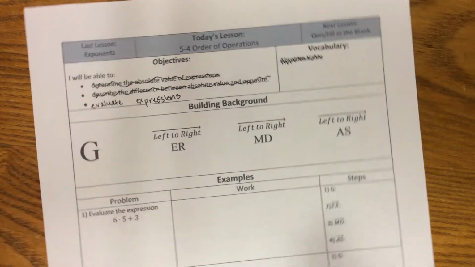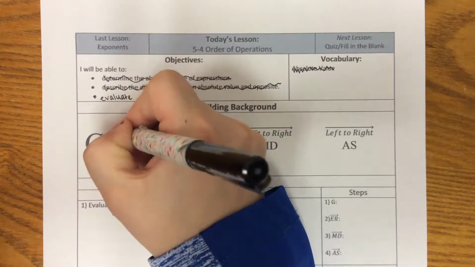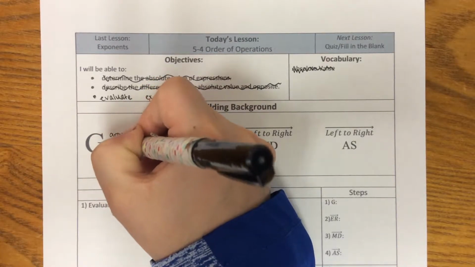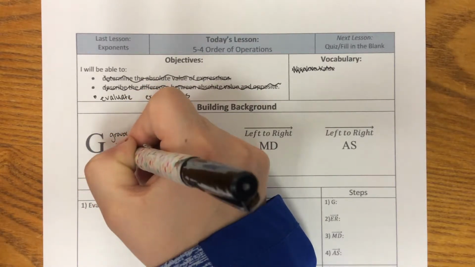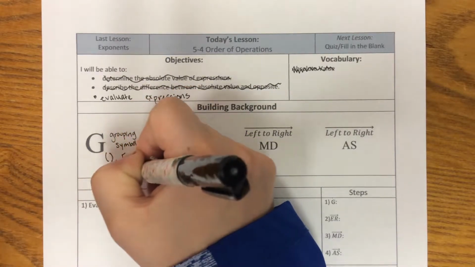So G stands for grouping symbols. Grouping symbols can be parentheses, brackets, absolute value signs, or this really long dividing sign.